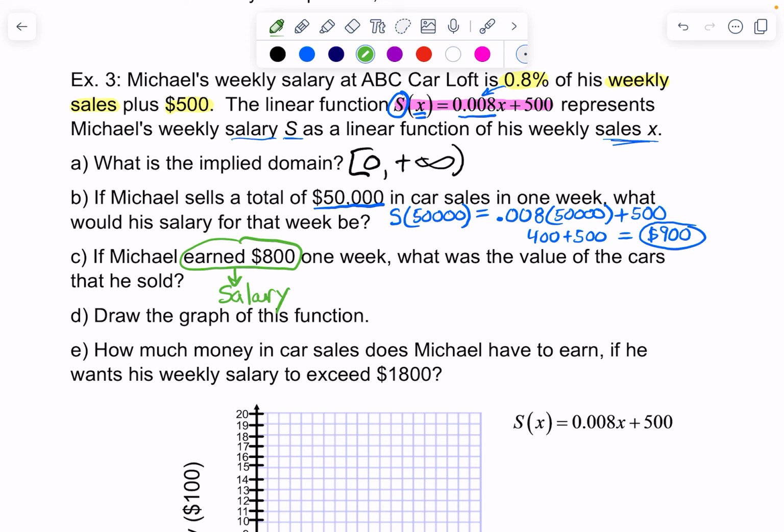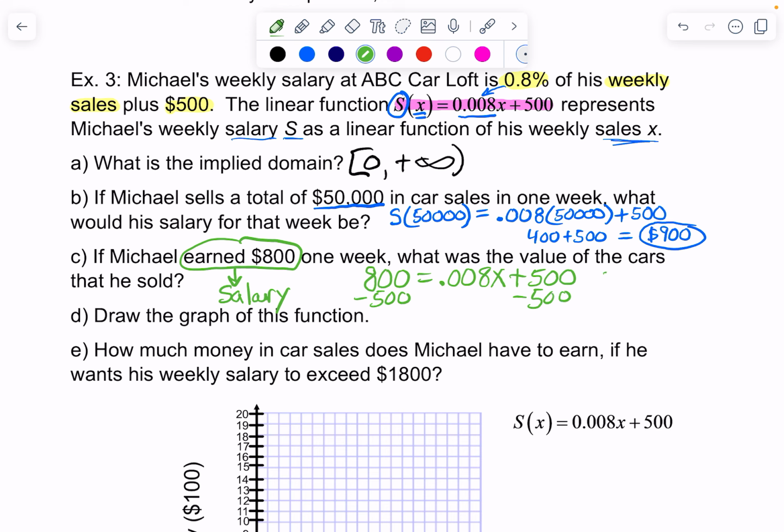So the salary here in this particular case, the S of x, is $800. And we want to find his sales, which is x. So please be very careful when you're reading these questions, because sometimes they're going to ask you for the sales that you need to earn a salary, or sometimes they're going to give you the salary and you need to find the missing sales. So we're going to go ahead and subtract 500 from both sides.